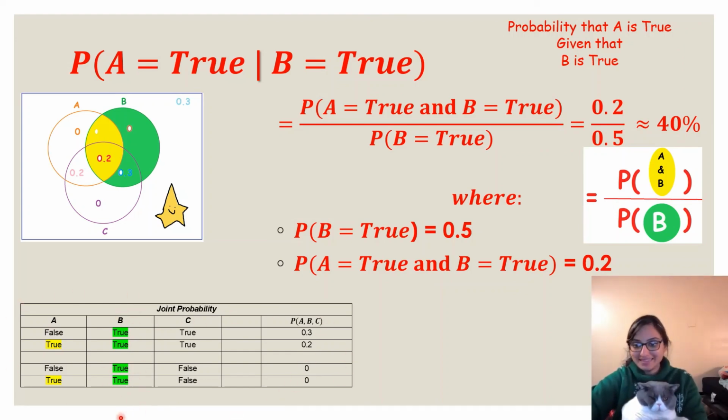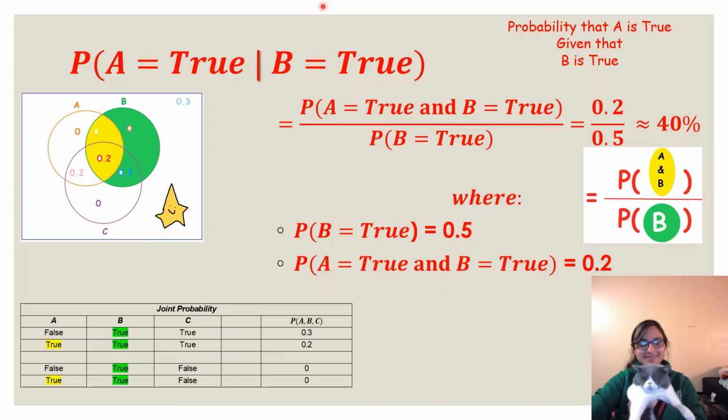So we just subset it down to when B is true. And that's what we also looked at here in the Venn diagram. So in the Venn diagram, we just focused on B being true here. And then when B is true, what's the probability that A is also true?